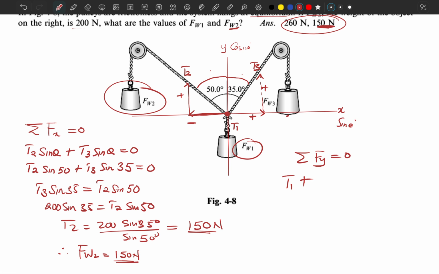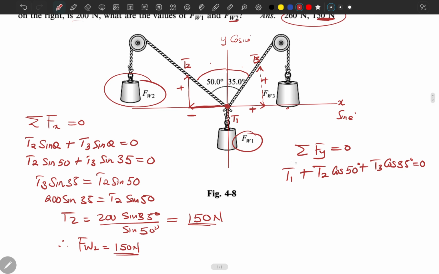So we have T2 cos 50 plus T3 cos 35, and this should give us 0. That is what we are looking for. For the y component, both of these are positive, but T1 is negative, because it is pointing down.